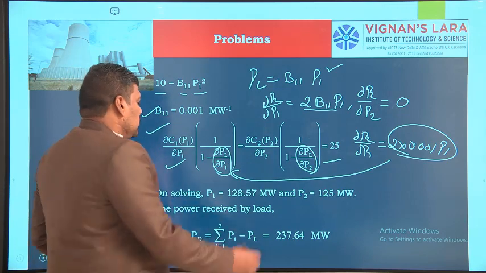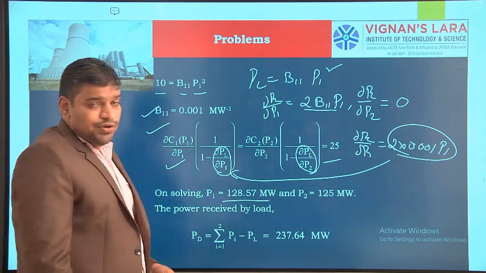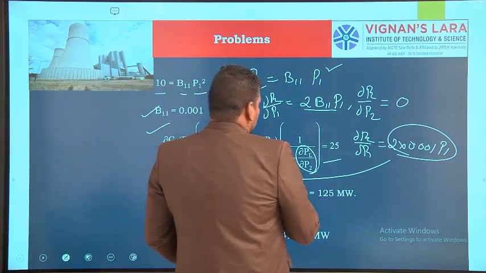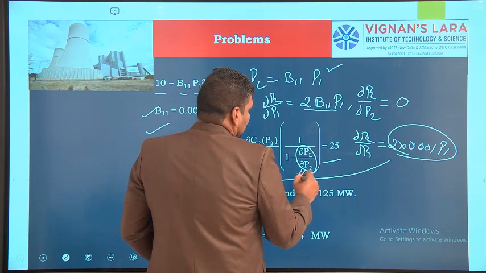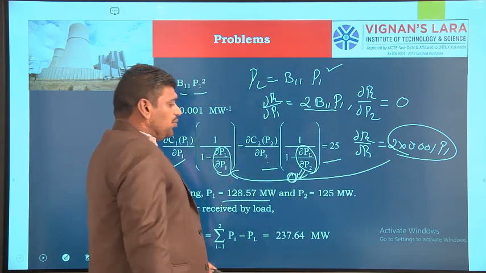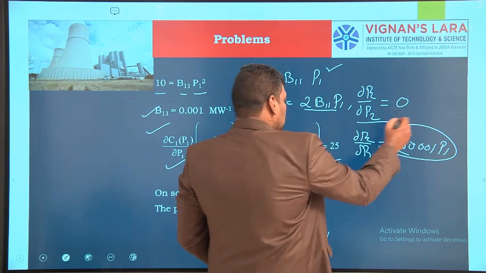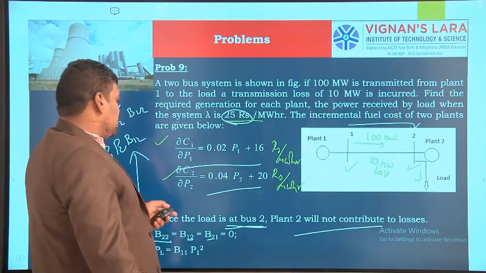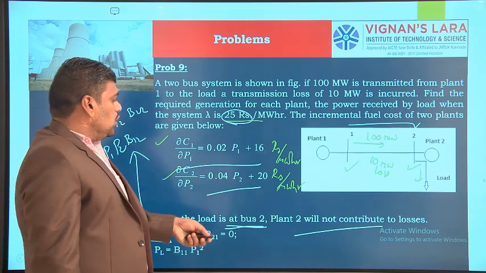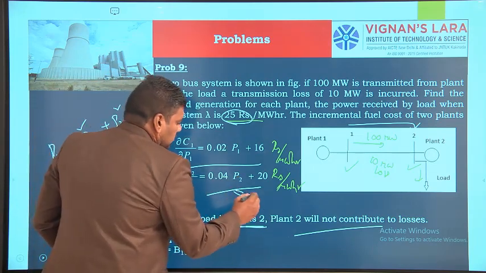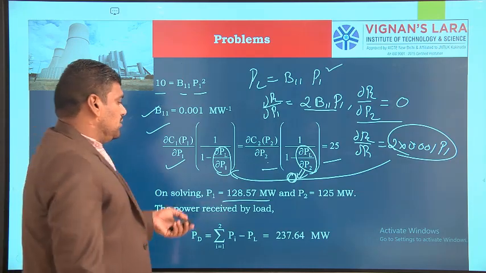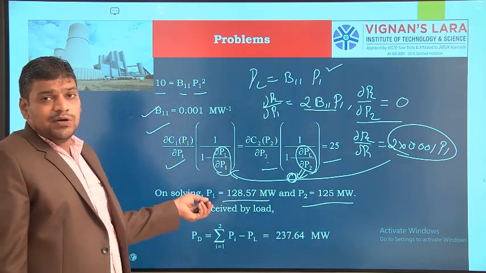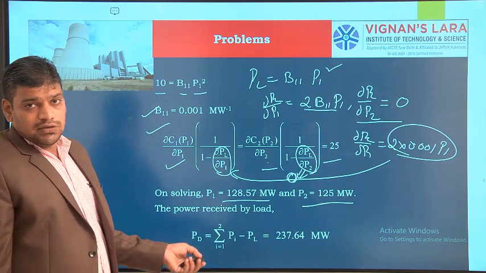After substituting, you will get P1 is equal to 128.57. Similarly, substituting dPL by dP2 as 0, dC2 by dP2 is equal to 25. Equating, you can obtain P2 as 125 megawatts. So this is the economic sharing among the two generators by including the losses.